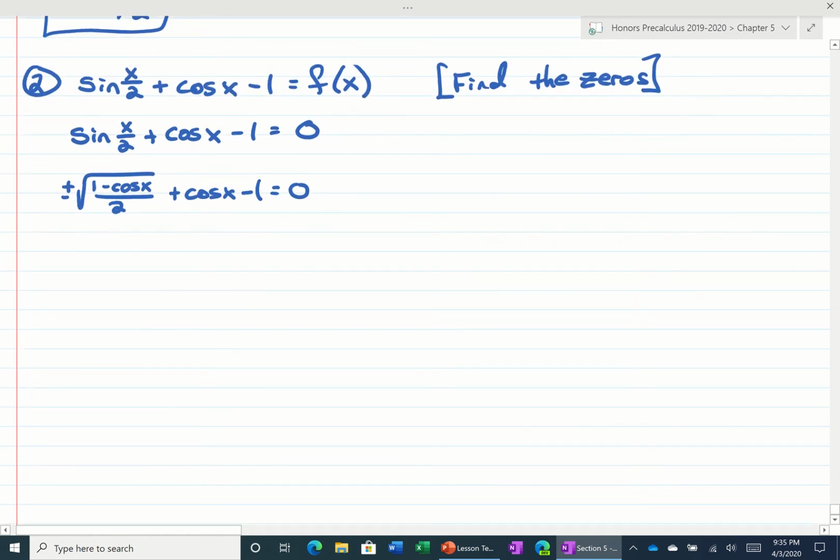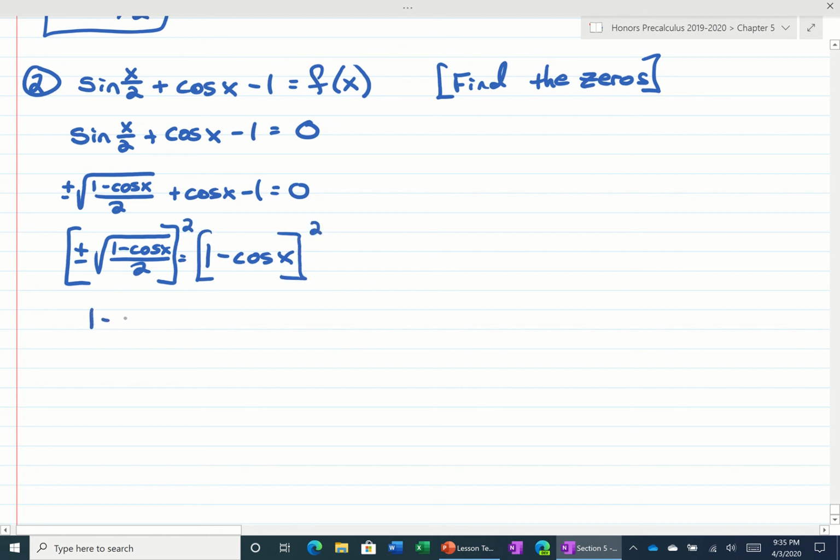And at this point, it'd be nice to get rid of that square root. So I'm going to bring the other terms on the other side, and I'm going to square both sides. That would get rid of the plus or minus square root.